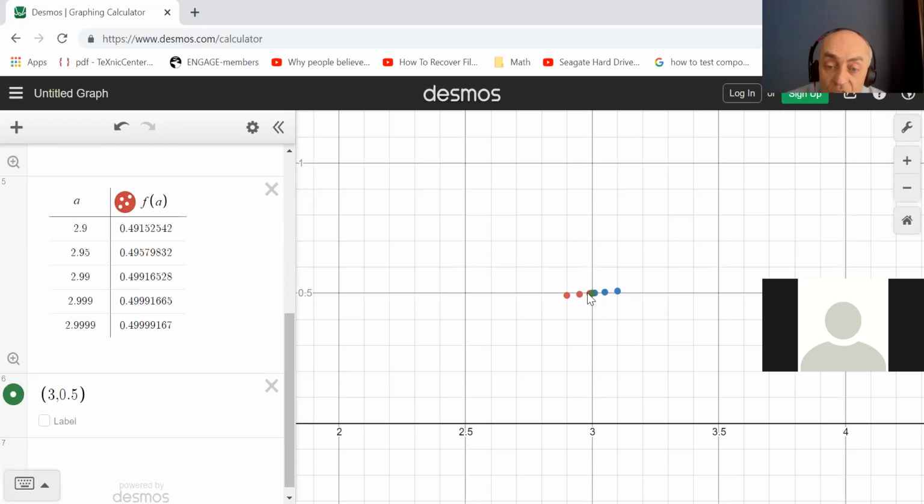Now the red points here represent the left limit approach, and the points on the right, the blue ones, represent the right limit approach.